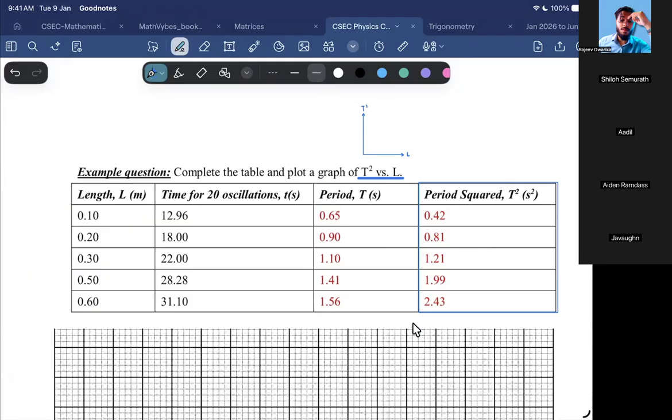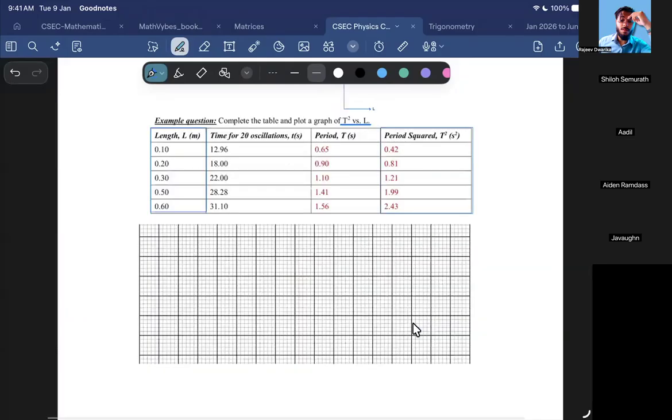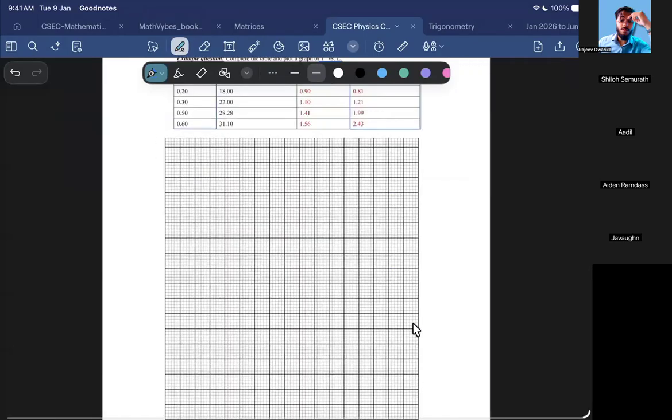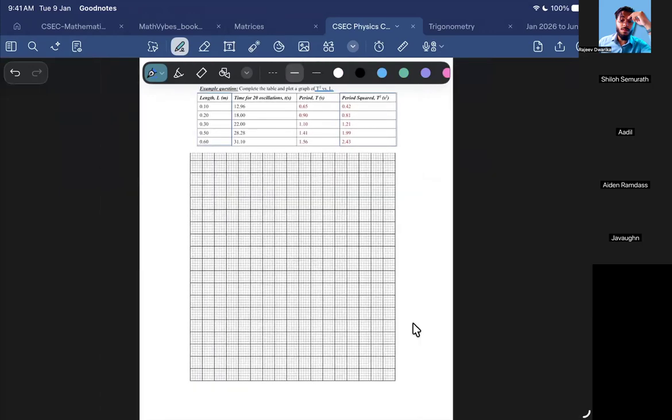L. So I'm going to label this axis t squared and this one L.